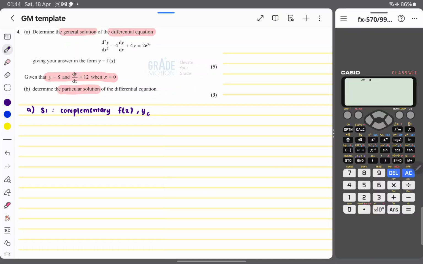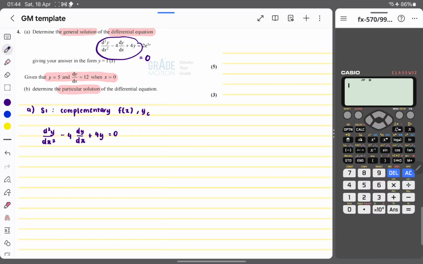How do we do this? We must first solve our homogeneous part. And what is that? Our right hand side equal to 0. So we will have d2y/dx² minus 4 dy/dx plus 4y equal to 0.